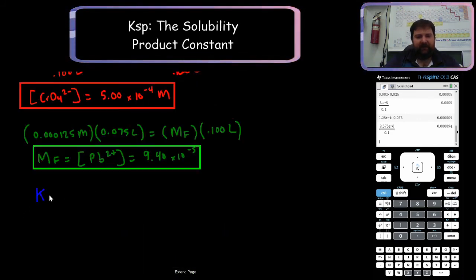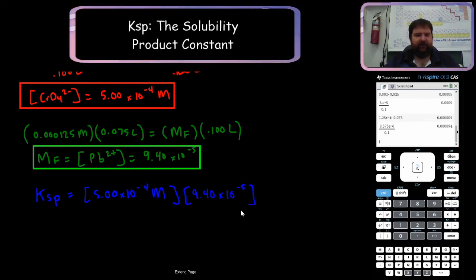So our Ksp is going to be equal to 5.00 times 10 to the negative 4 multiplied by 9.40 times 10 to the negative 5. Now, I don't know about you, but I can't do that in my head. So I'm going to need a calculator.